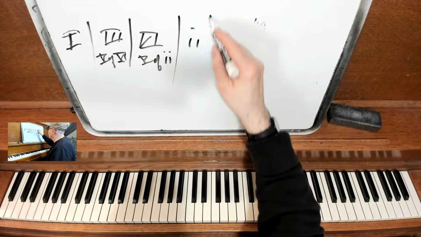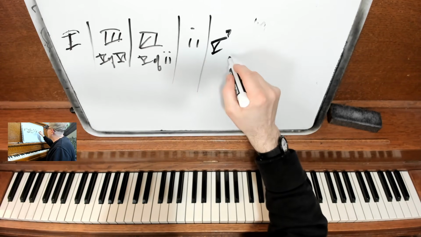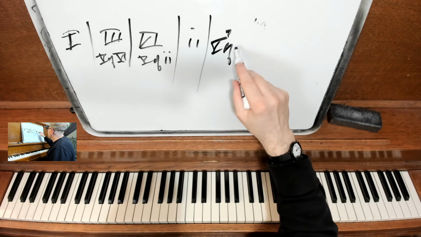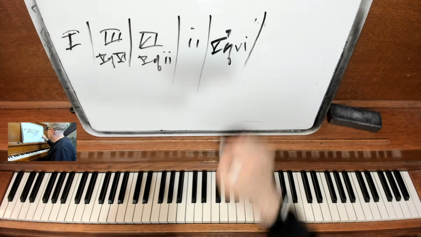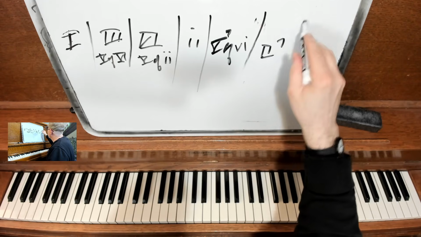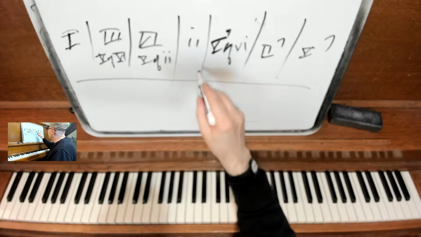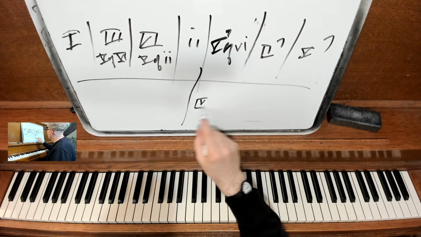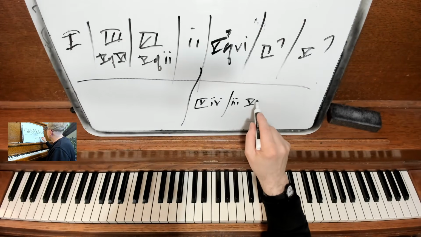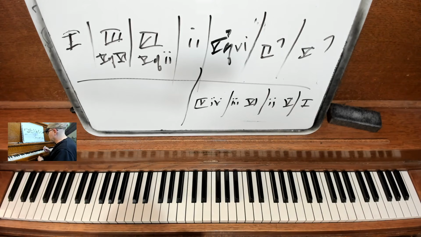Some of these labels get kind of blurry. Then the E again, but that's 5 of 6. 6 minor this time. And then 2, 7, and then 5, right? And then we kind of repeat all that, and then 4, 4 minor, 3, 6, 2, 5, 1. All right, that's kind of the pattern.